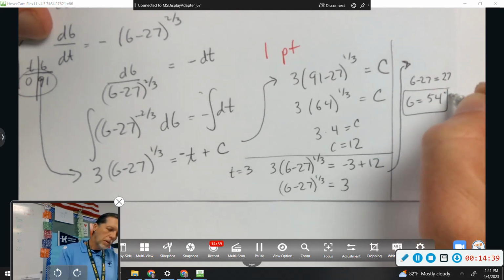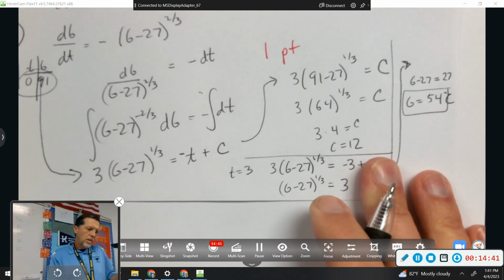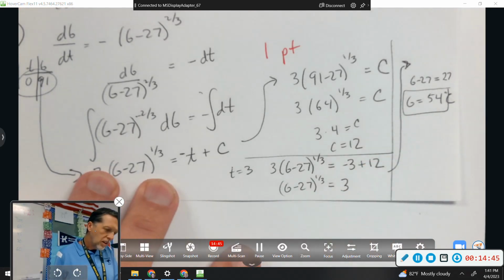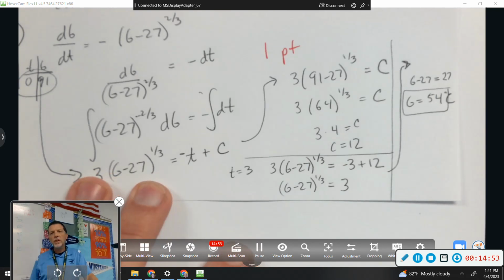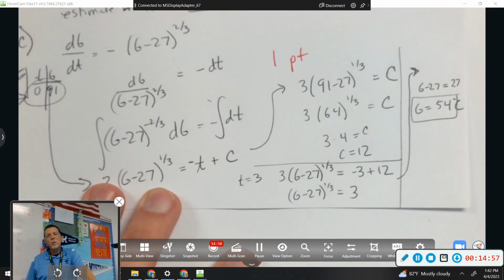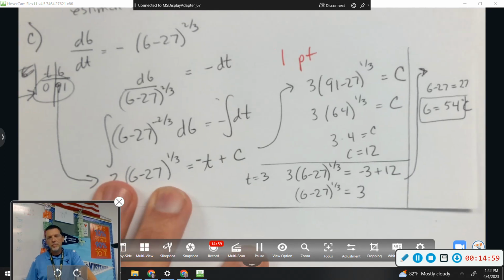And that's what we want. Our previous estimate was 40 something. Anyway, we're in the ballpark. It started at 91 and it's cooling down, so 3 minutes later, it's at 54. That seems reasonable. Not too bad.